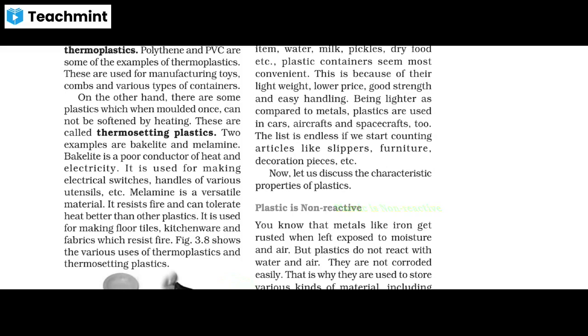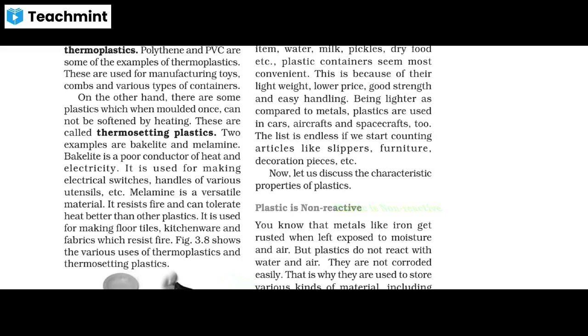And one more, this one is which plastic? That is melamine. It is fire resistant, therefore it is used for floor tiles, kitchenware and fabrics which resist fire. Okay, these two are melamine as well as bakelite.